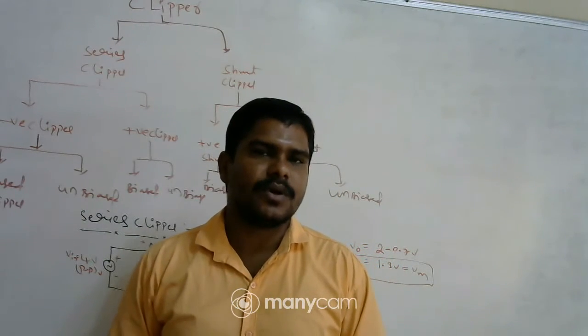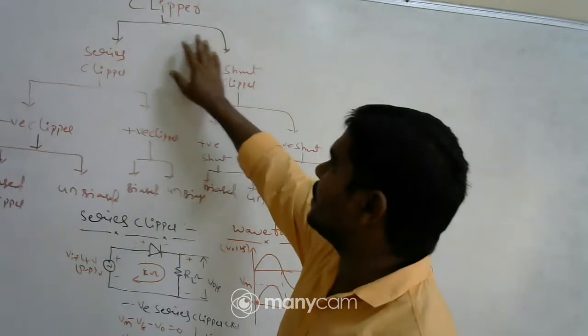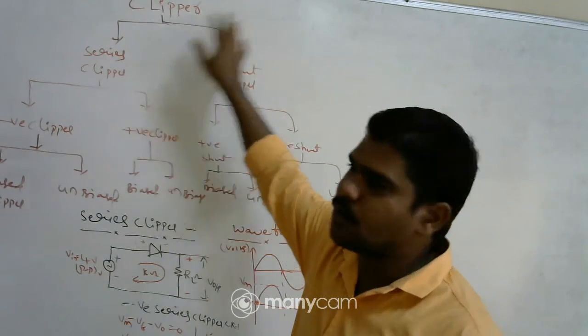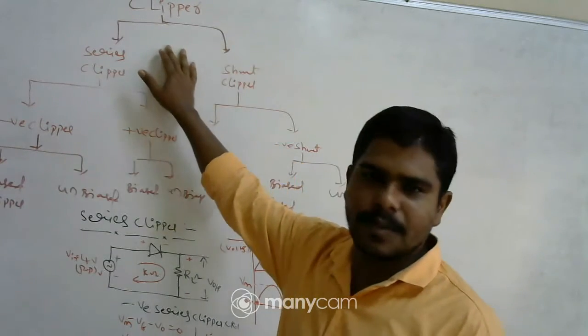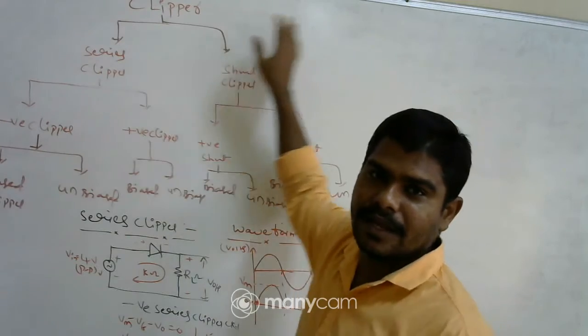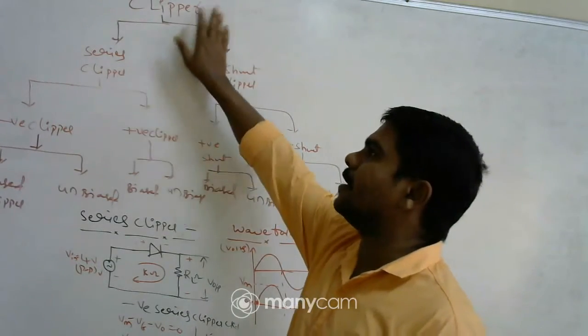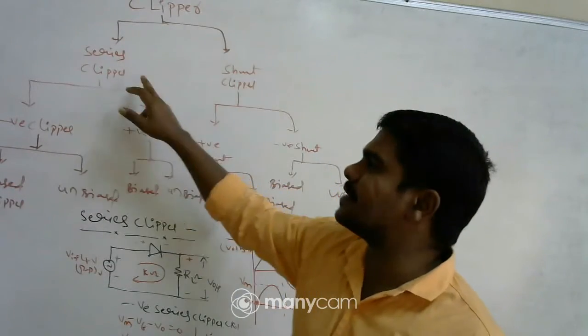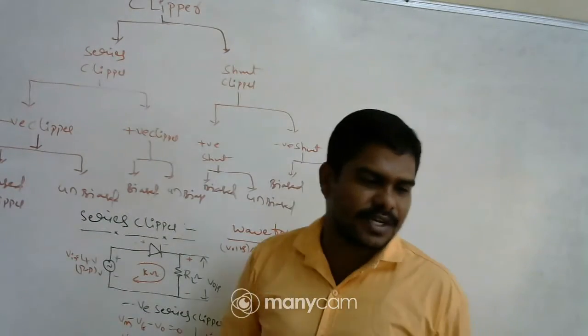So a clipper removes the unwanted part of the input signal at the output terminal, that is called a clipper circuit. Clipper classifications are two types: one is a series clipper, another is a shunt clipper.